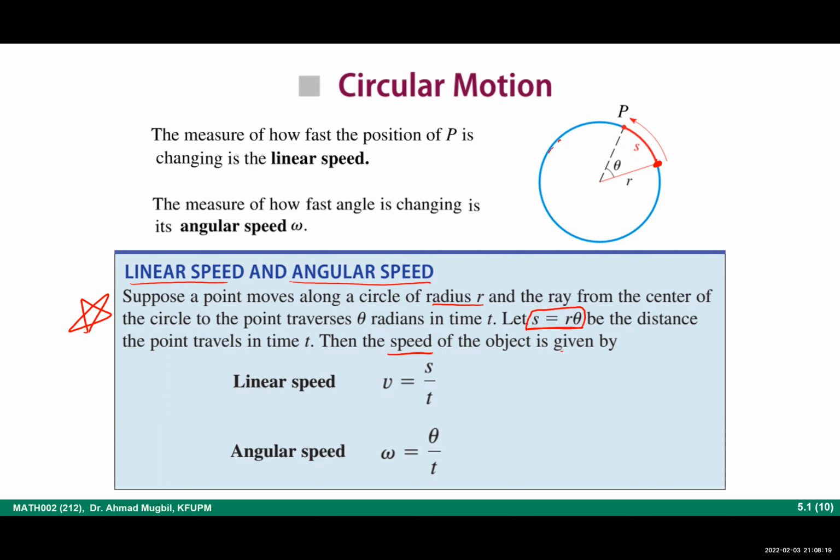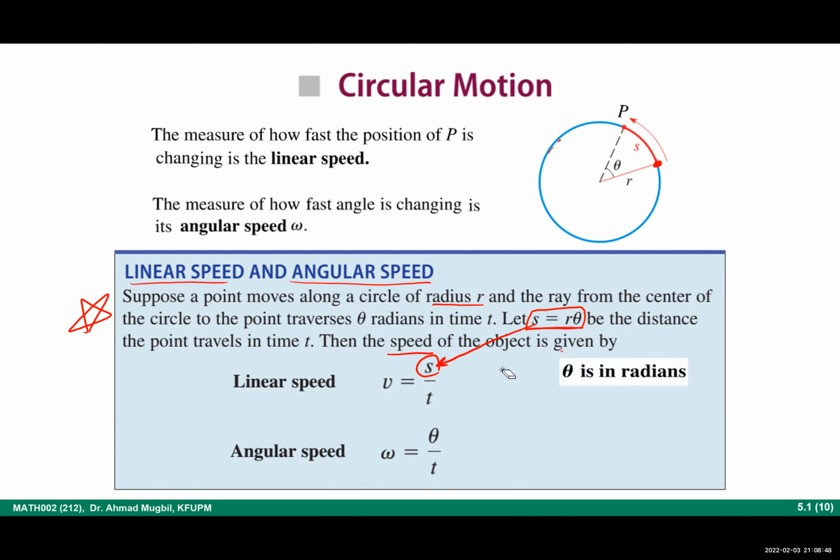By the way, here we use the same terminology, speed or velocity. You know that the speed is the absolute value of the velocity. In our case, of course, they are identical in circular motion, as we know that the speed is the distance per time, the velocity is the displacement per time. So the linear speed is s over t, the arc length over time, and the angular speed is theta over t.